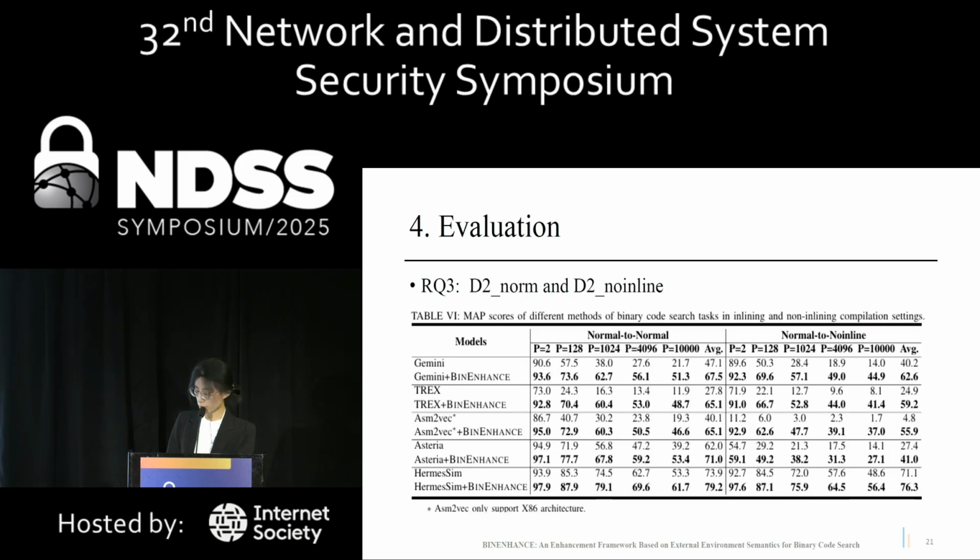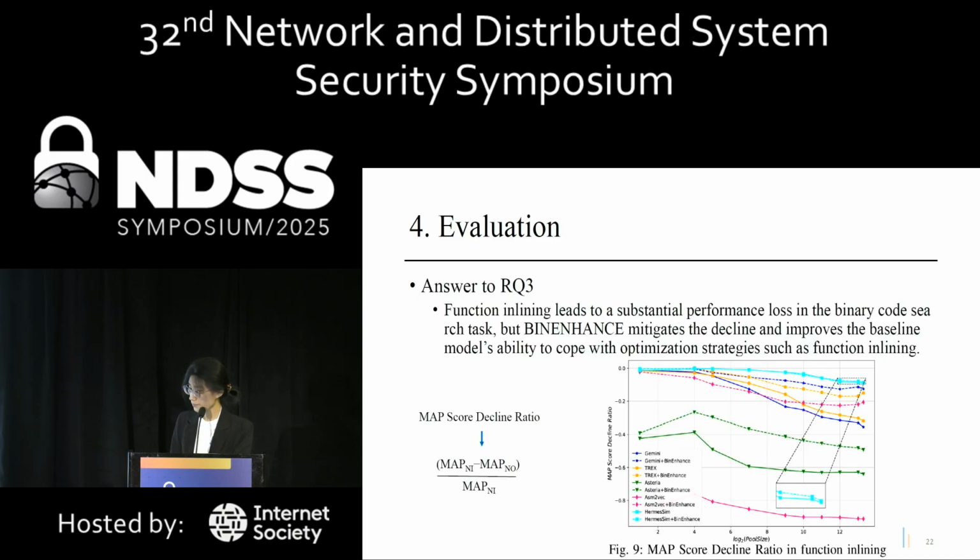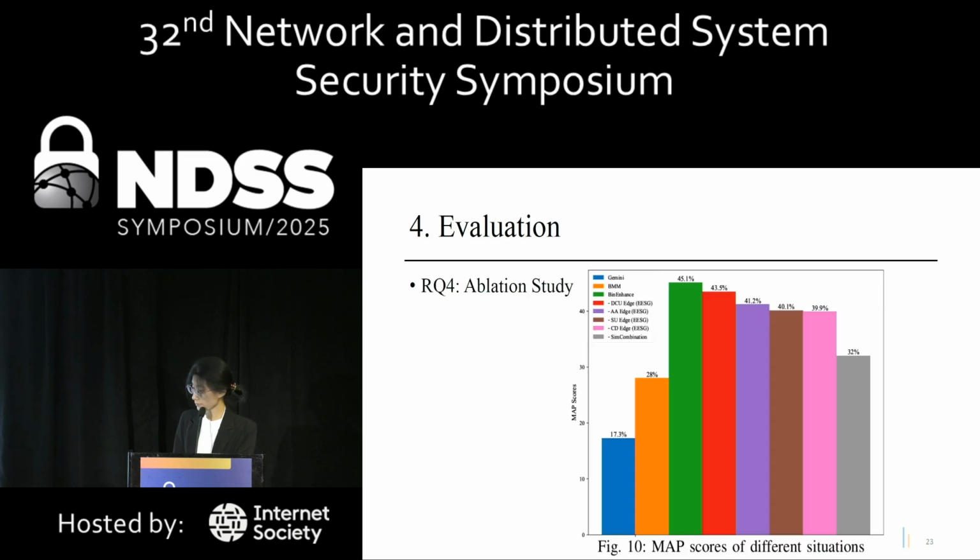We use two versions of dataset 2 to evaluate BinEnhance's ability to mitigate the problem of function inlining. As shown in this figure, function inlining leads to a substantial performance loss in the binary code search task, but BinEnhance mitigates the decline and improves the baseline method's ability to cope with optimization strategies such as function inlining.